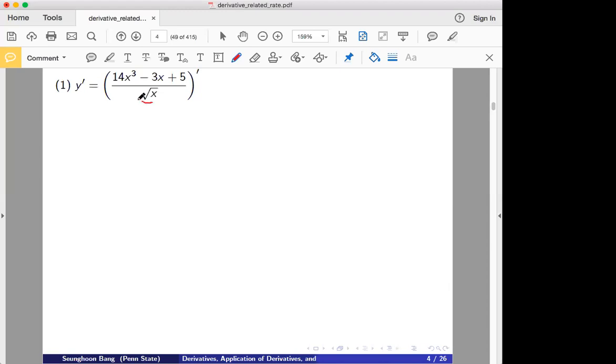We have only one term in the denominator, so what's the best way? In this case, you have to split: 14x cubed over square root of x, minus 3x over square root of x, plus 5 over square root of x. You can change it like this.